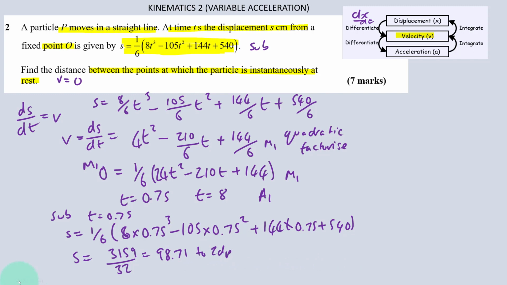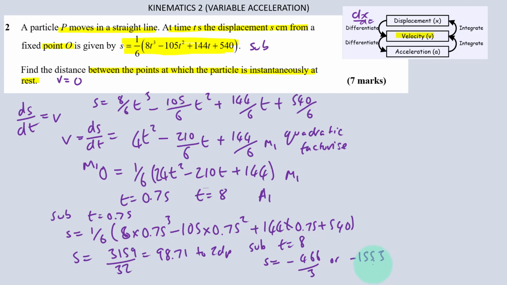So clearly sub t equals 8 into the equation, and then you'll get s to equal minus 466 over 3, or minus 155.3.